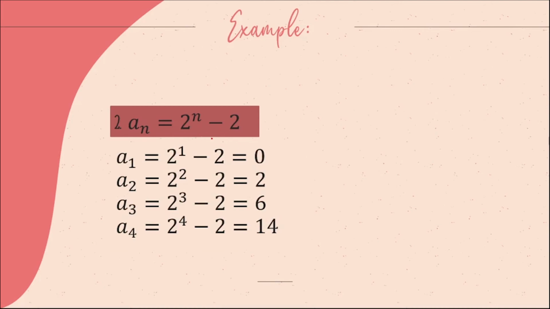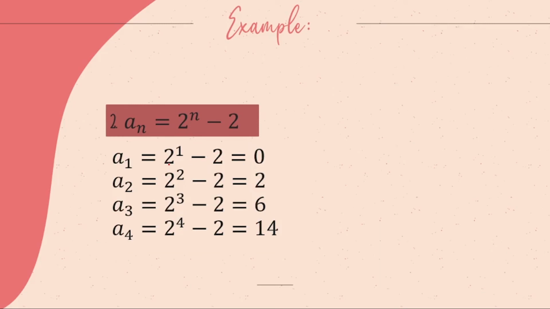Remember, n equals 1 just tells us this is the value of the first term. But wherever we see n, we are gonna put 1. So that's gonna be 2 to the first power minus 2. Of course, 2 to the first is 2, minus 2 equals 0. And then you can do the same pattern for the rest of the terms.